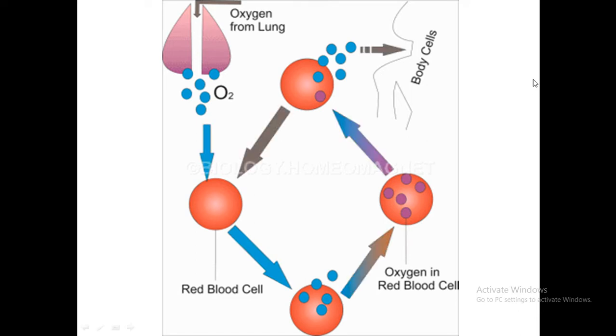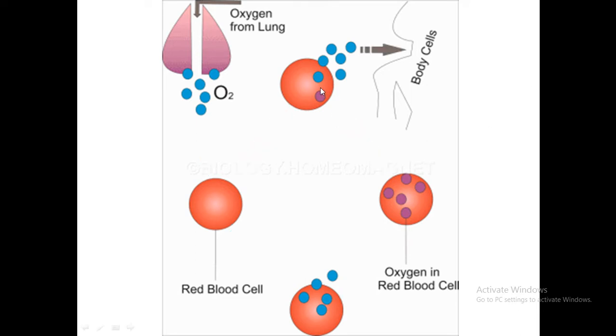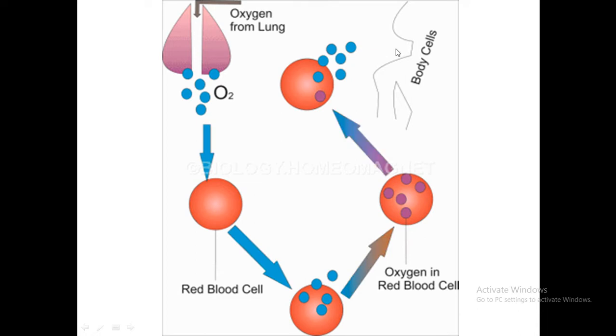Then it comes to the tissues where it drops the oxygen, and again it is ready to pick more and more oxygen from the lungs. What is the detail of this process and how it takes place, that is the thing to be discussed.